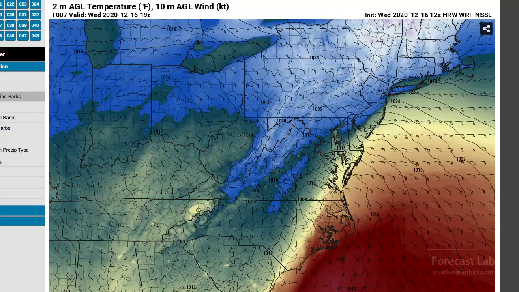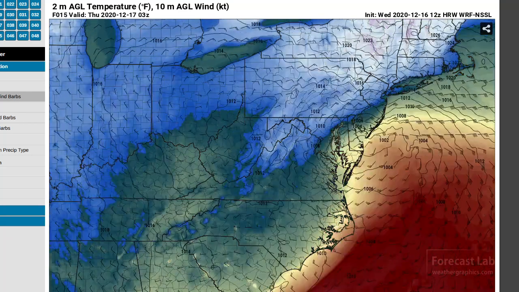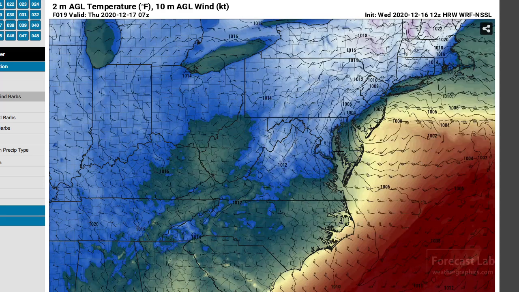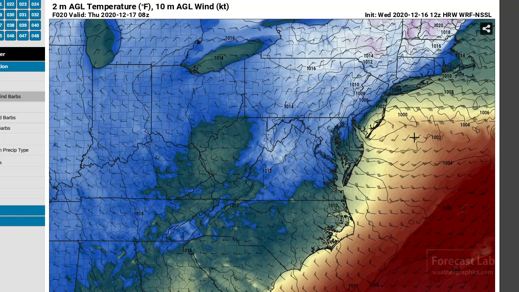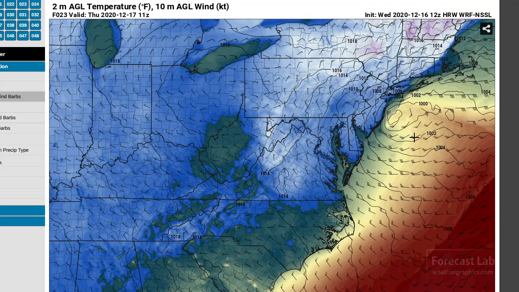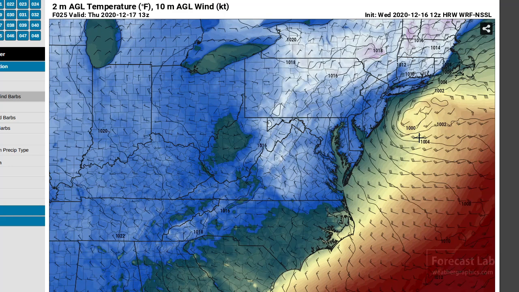So for that, we'll go to the NSSL WRF, and I've drawn the wind plots on there. And you can see that overnight the winds are picking up to about 25-30 knots on Long Island. And then we can see the low off the New York coast right there, New York City, around 6 a.m. And I'm seeing about 45 knots there just offshore. And then it looks like some of the heaviest winds are just after dawn.